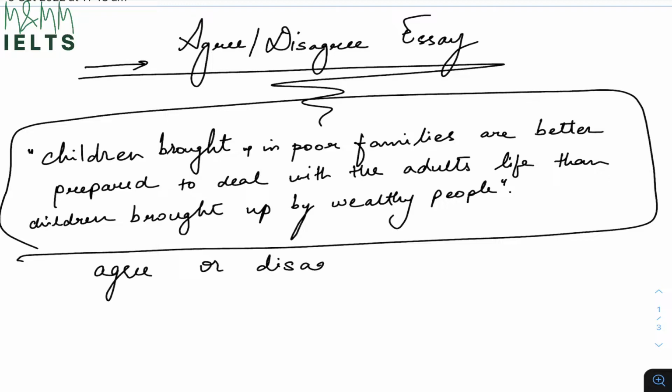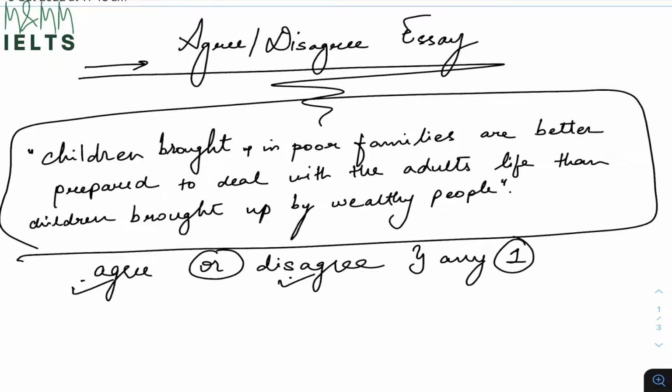Which means you have to take a stand. It has to be either agree or disagree. If you write an essay where you are taking a neutral stand and you are agreeing and disagreeing both, then you will not get a very good score, because you have been asked to take a stand, to share your opinion about any one of them.